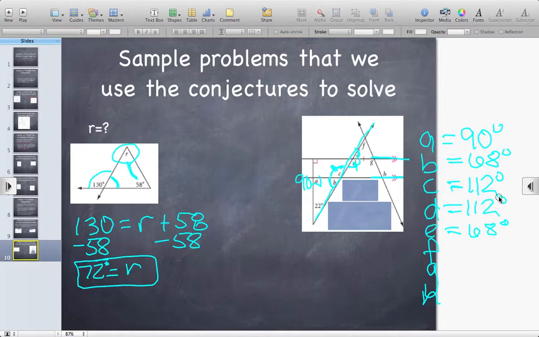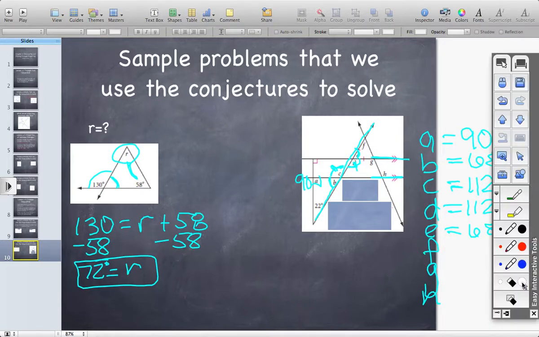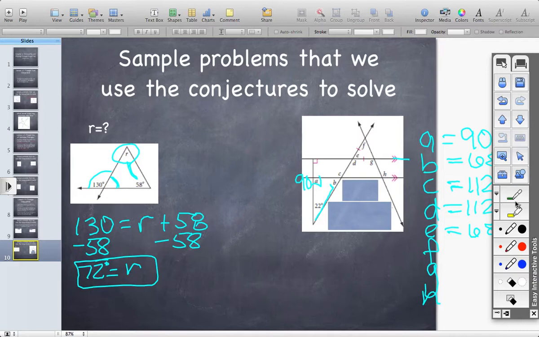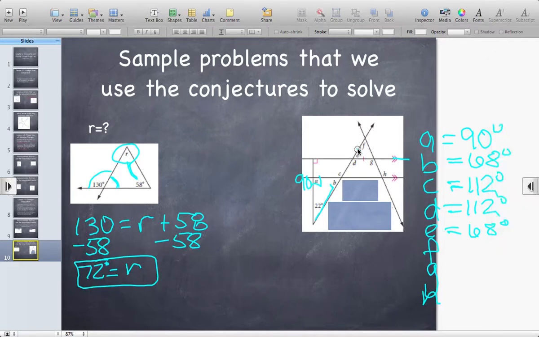So we have those measurements. Now we want to figure out what F is. Well, we see that it's an isosceles triangle. Let's clear off some of that a little bit here. All right, makes it a little bit easier to see. We see that this triangle up here is an isosceles triangle. So that means F is opposite one of the congruent sides, so the other angle is going to be opposite the congruent side as well.